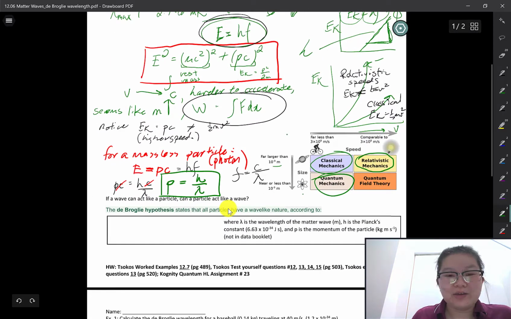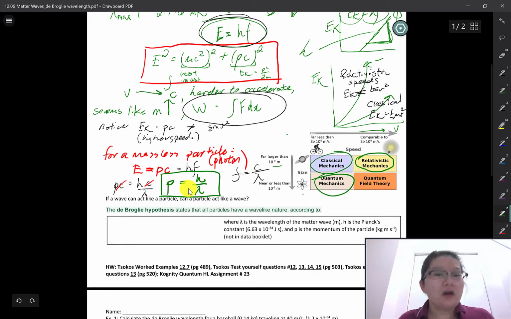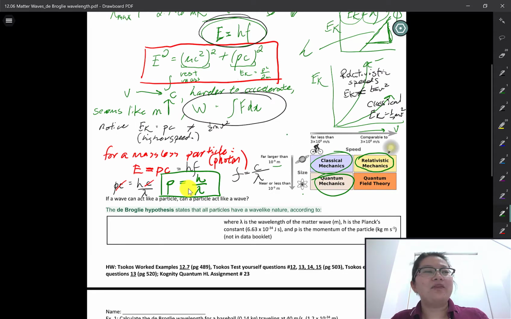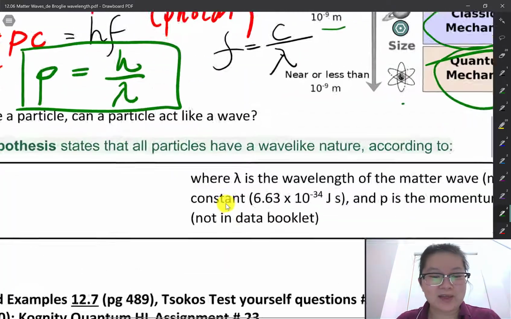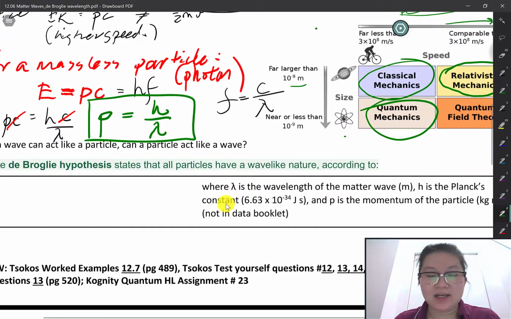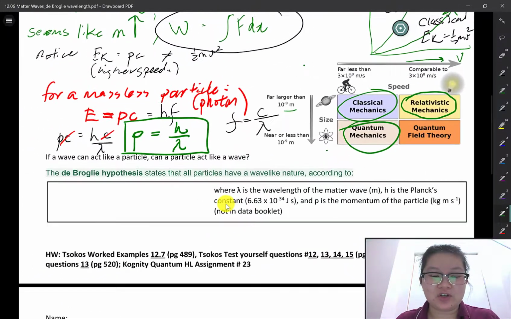Right. Anyways, so we have this relationship here for a photon, which says that the wave here behaves like matter. Now here comes de Broglie, and you might be tempted to call him "de Brogly." No, it's French, so you have to add the "de" in there, the de Broglie hypothesis.